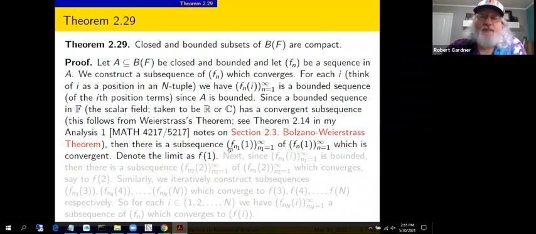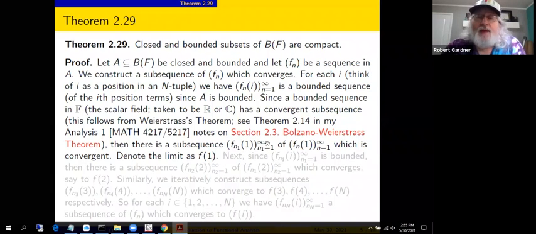So we're going to let f sub n sub 1 of 1, for n1 equals 1 to infinity, be a subsequence of the sequence f sub n of 1 from n equals 1 to infinity. So we added a subscript on the index, moving to a subsequence. We know this subsequence must be convergent.